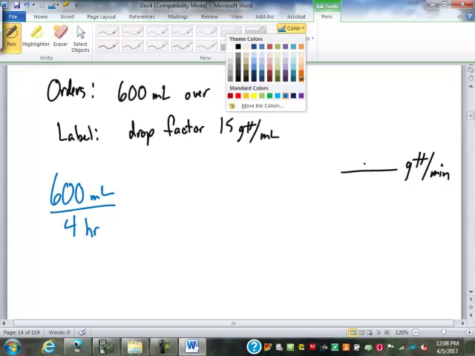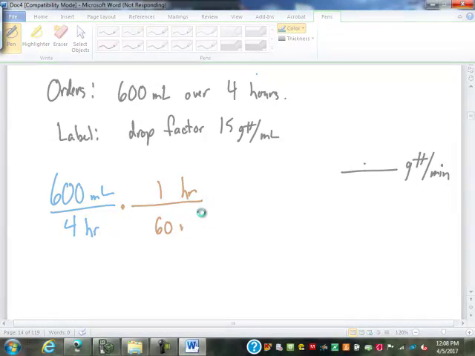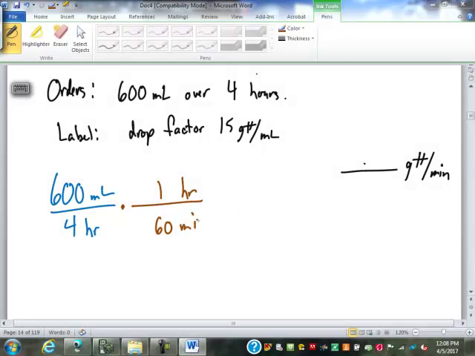First step we have to do is get rid of the hours. 1 hour is 60 minutes. So I cancel out my hours. Now I'm going to do some cross canceling here again. I have the 60 and the 600. Both can divide by 60. 60 divided by 60 is 1. 600 divided by 60 is 10.